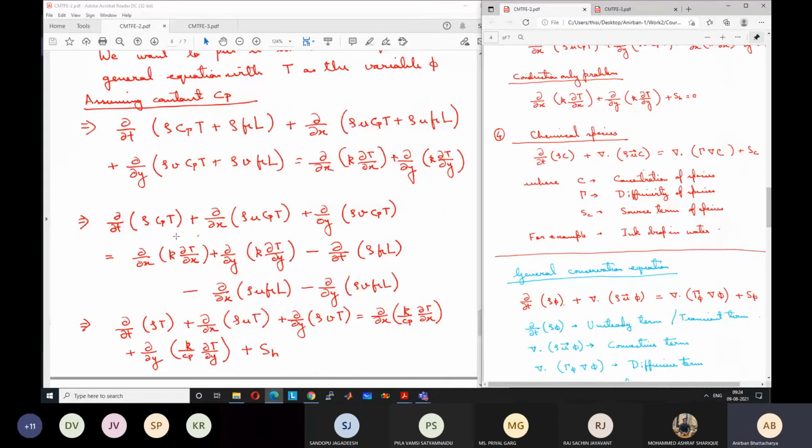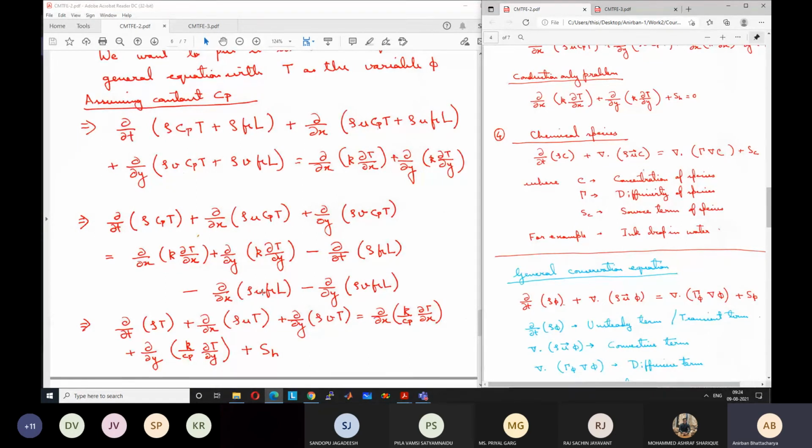Then on the right hand side, del x of k del T del x plus del y of k del T del y, plus whatever additional terms were there: del t of rho fL. This will go into the right hand side as a negative term. Okay, minus del t of rho fL. Similarly here, del x of rho u fL, so it will go to the right hand side as minus del x of rho u fL. And the third term will go to the right hand side as minus del y of rho v fL.